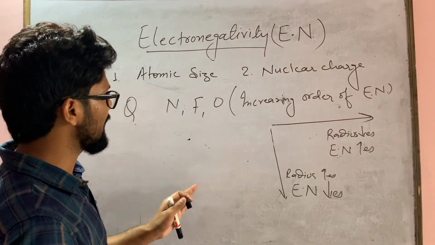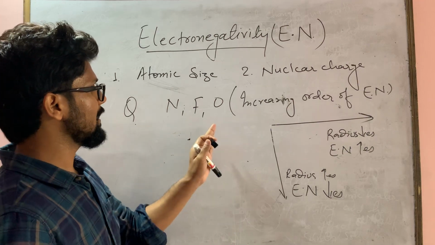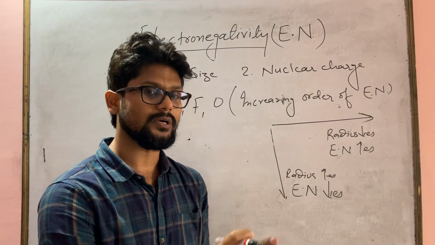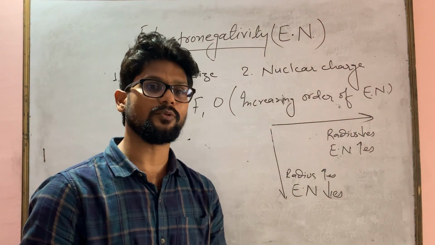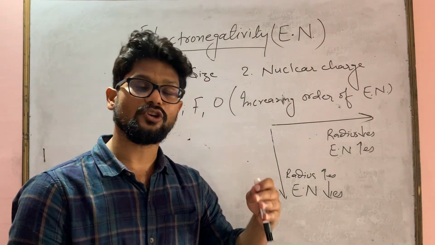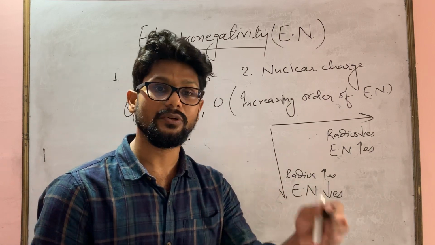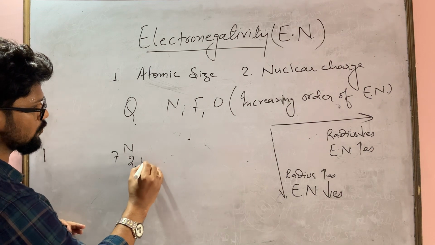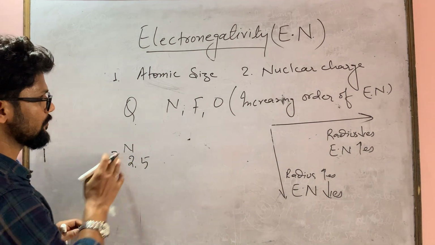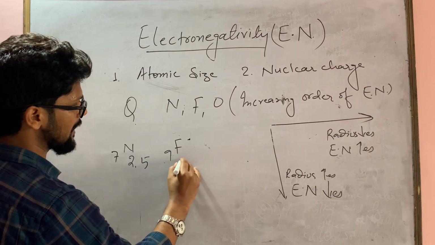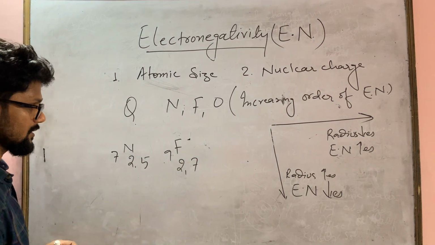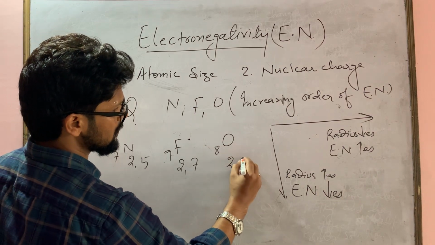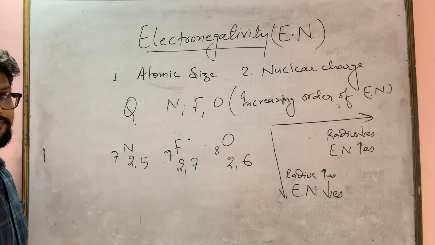So how will you arrange? First you should know whether all these elements are of the same period or same group. How would you know that? For that you have to write the atomic number and their electronic configuration. Nitrogen, as you know, atomic number is 7, its electronic configuration is 2, 5. Fluorine atomic number is 9, its electronic configuration is 2, 7, and oxygen atomic number is 8, its configuration is 2, 6.